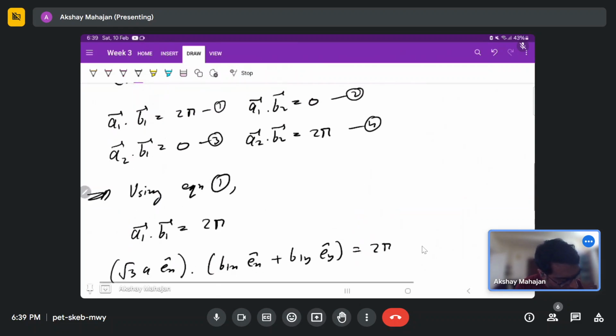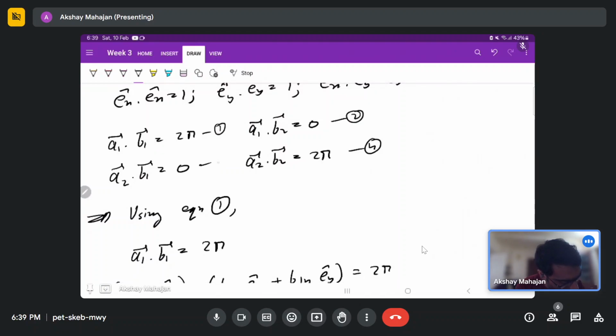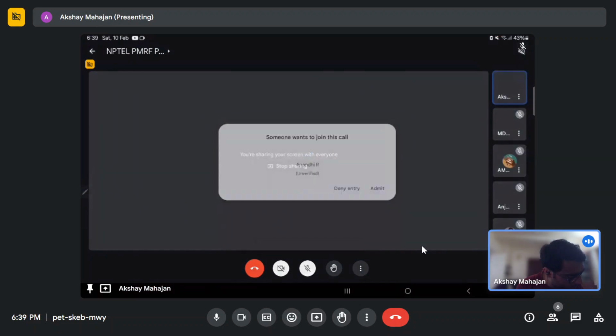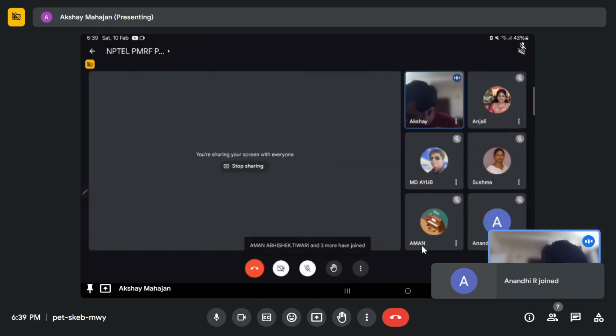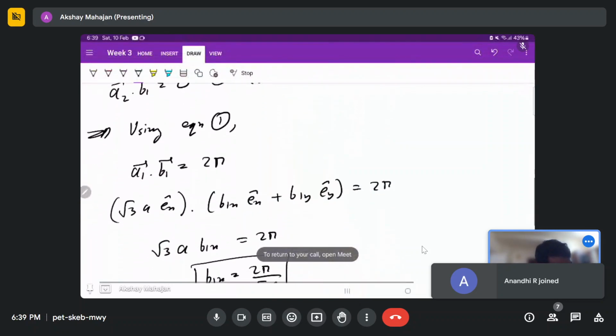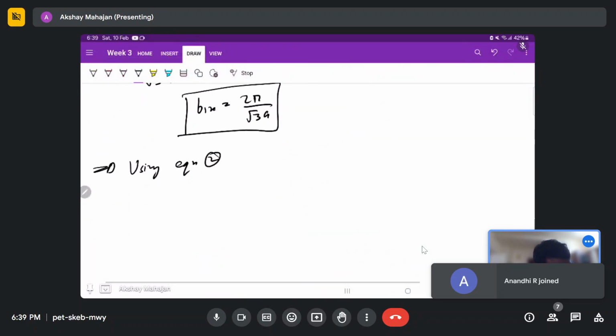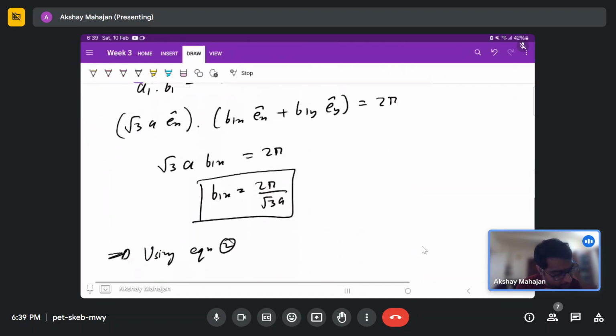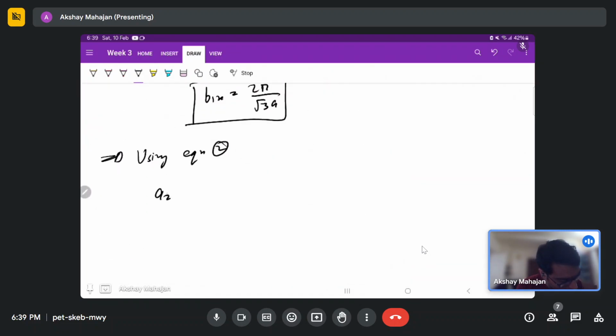Similarly, using equation number 2, okay, let me just write equation number 2 for this, and let's say this is equation number 3. So equation number 2 is a2 vector dot b1 vector is equal to 0. So I take the dot product of this b1 vector with a2 vector.